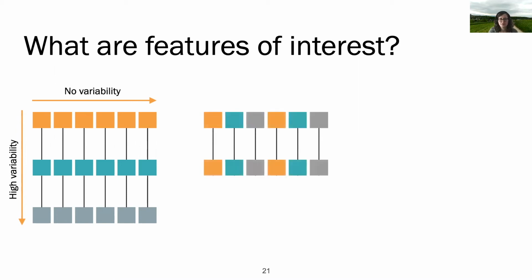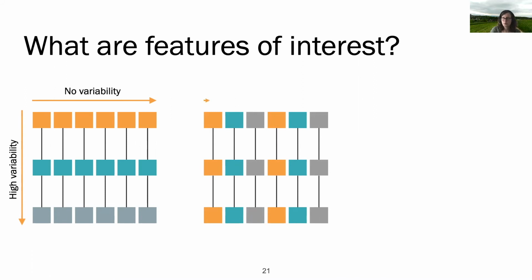Similarly, for this cohort, we have many different patients, but over time, each patient always stays the same. So we have high variability between patients, but no variability over time. And again, with these two values, we can already know that the pattern must look something like this.